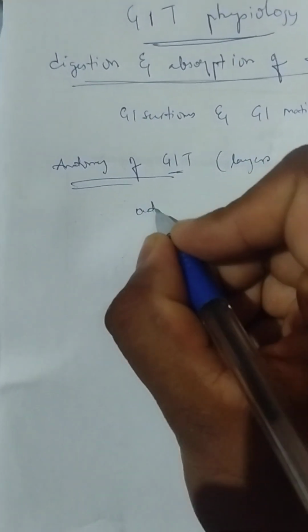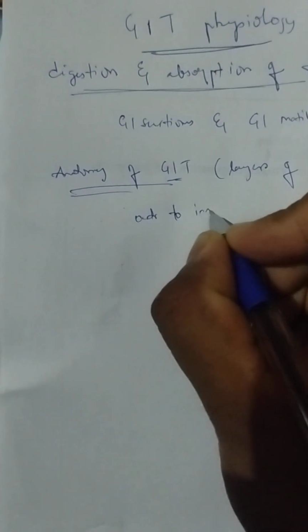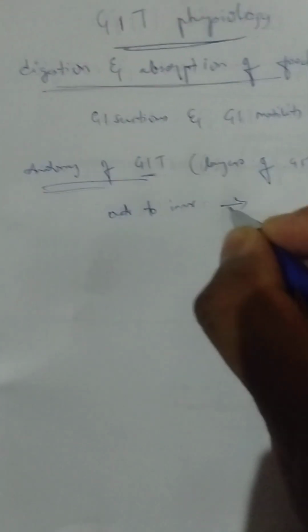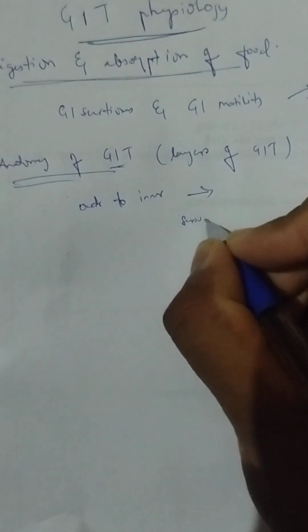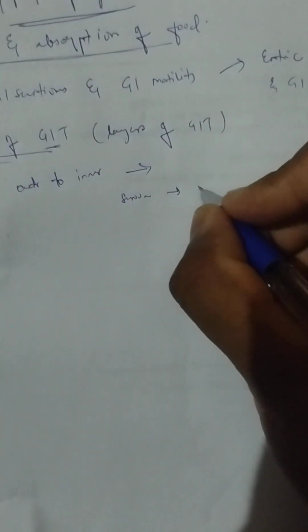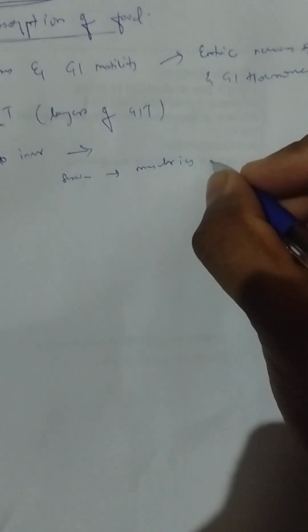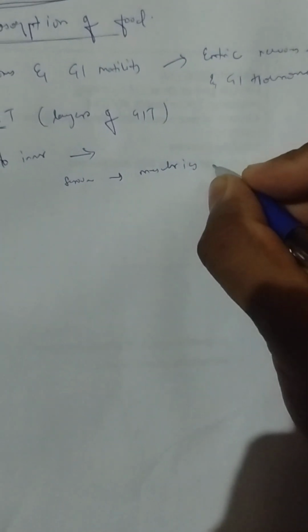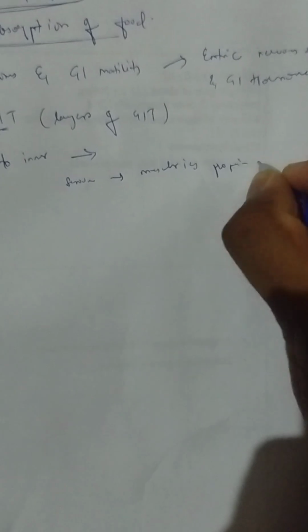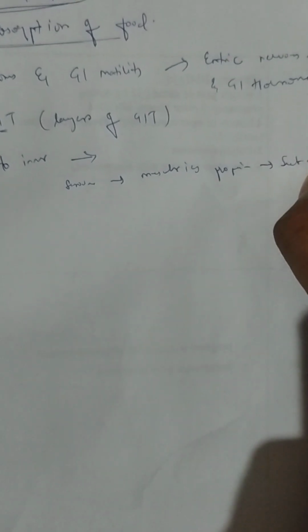From outer to inner, we have serosa, muscularis propria, submucosa, and mucosa.